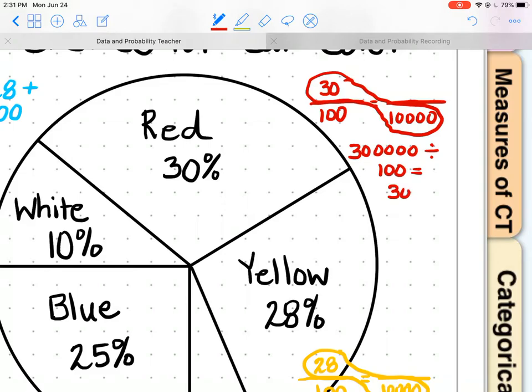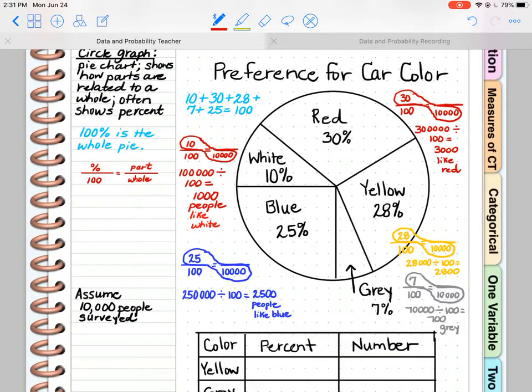And that sure enough comes up to be 3,000 people like red cars. So what I've done there is to go around the pie and calculate the percentages for each one of those.